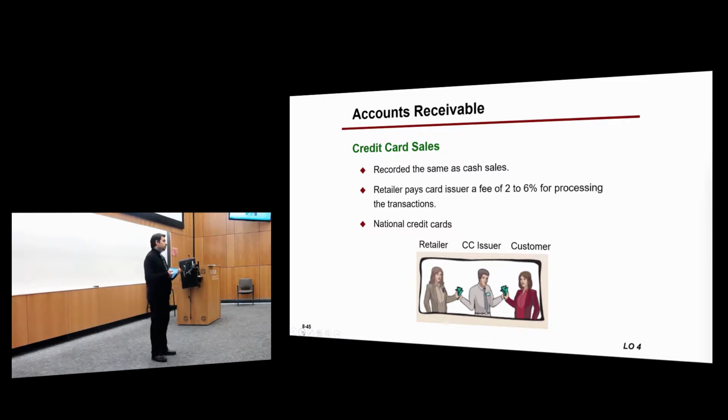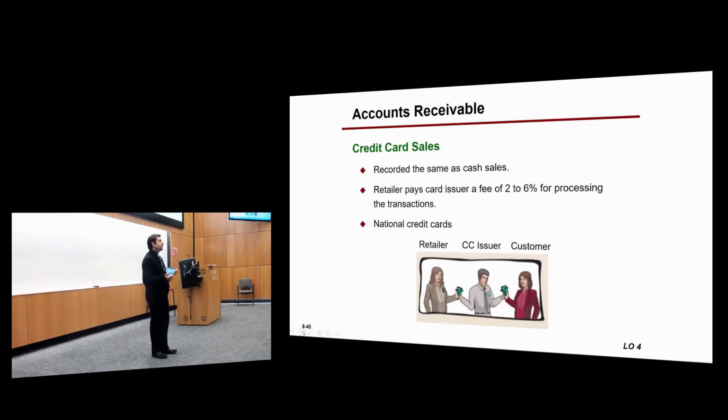Now, this is at the moment that the company is recording the revenue. As soon as the sales revenue is recognized, the company will immediately debit cash because they are selling the accounts receivable as they occur, basically at the time of the purchase or the sale.